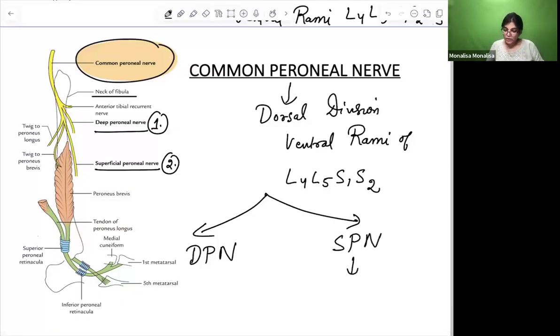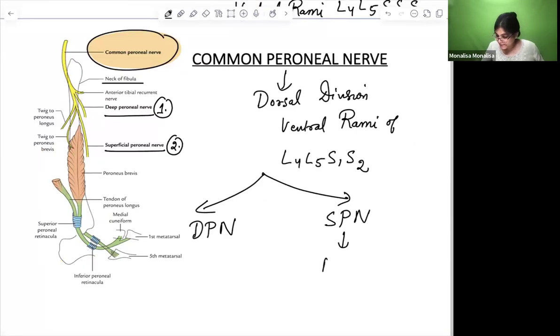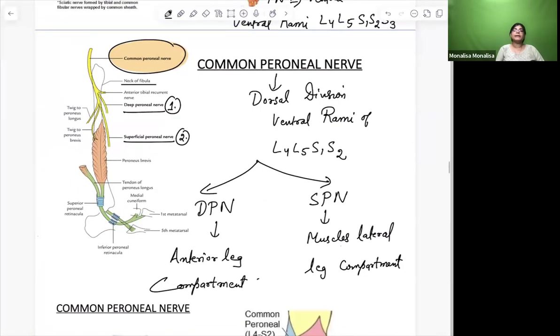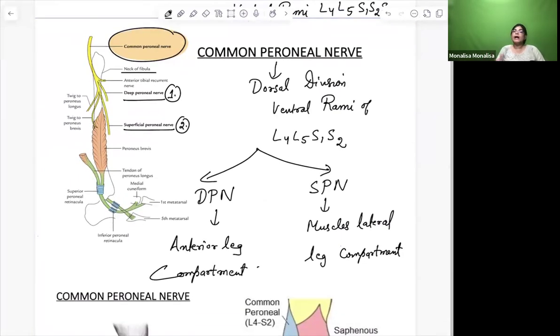The superficial peroneal nerve innervates the muscles of the lateral leg compartment, and the deep peroneal nerve supplies the muscles of the anterior leg compartment. So all the muscles of the anterior compartment will be supplied by the deep peroneal nerve, and all the muscles of the lateral compartment, that is peroneus longus and brevis, will be supplied by the superficial peroneal nerve.